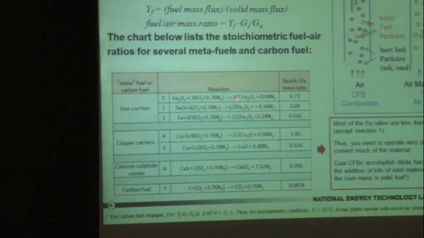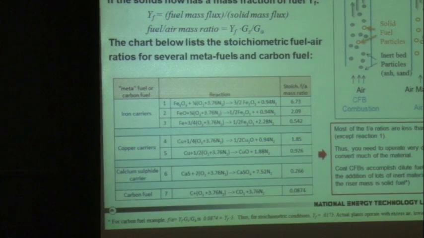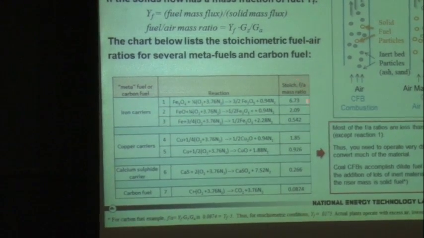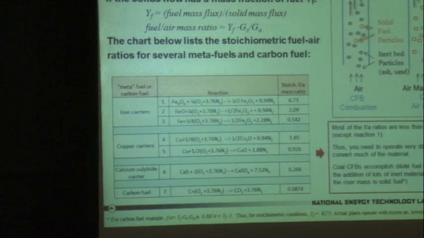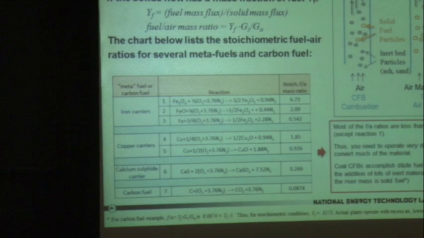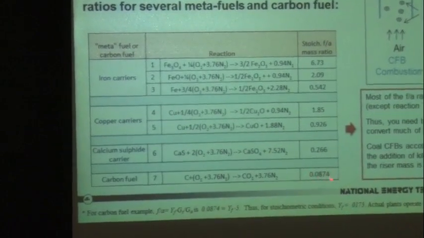Well, look at it up here for iron. It's 6.7. In other words, you need a lot of mass flow of iron to consume air at a stoichiometric condition. It's very different from what you encounter with hydrocarbon combustion. Hydrocarbons, like carbon down in here, 0.08.